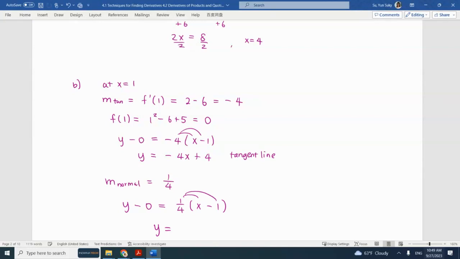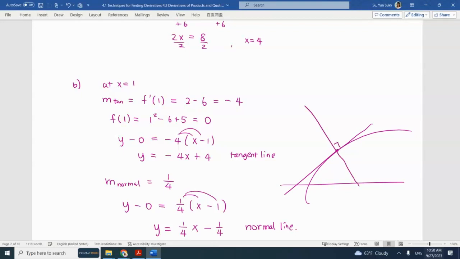So y equals, when you distribute, what do you get? 1 over 4 x minus 1 over 4. This is the normal line. Is that okay, everybody? If you want to draw the picture, this is the tangent line and the normal line is right there. It's perpendicular to the tangent line at that point.